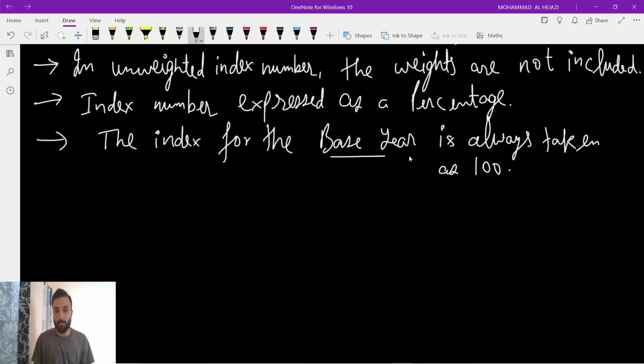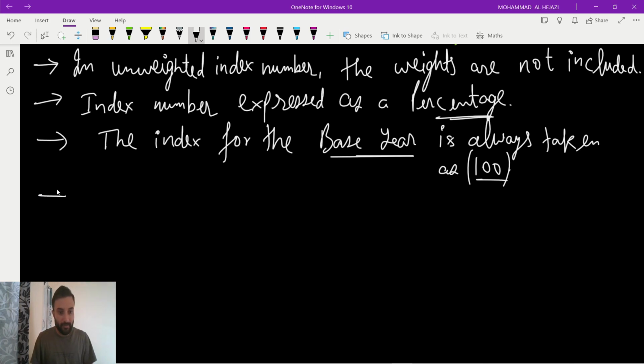They will ask this in the MCQ, the objective. The index for the base year is what? The index for the base year is always taken as 100. Now you will ask why we take 100. We take 100 because it is expressed as a percentage, and percentage is 100.